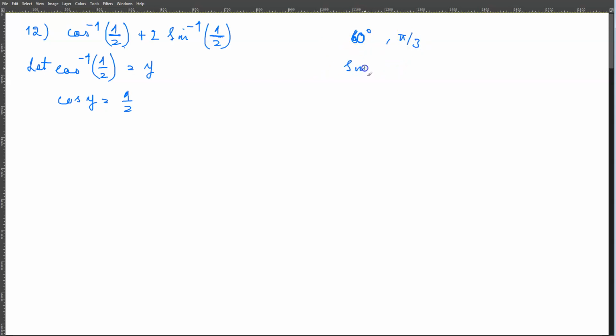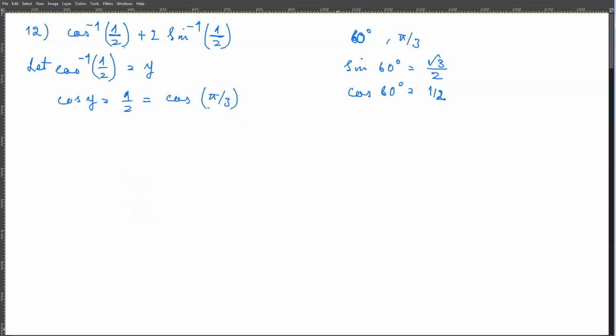So the sine of 60 degrees is equal to square root of 3 by 2. The cos of 60 degrees is equal to 1 by 2. So that is equal to the cos of pi by 3, which is basically 60 degrees, right?